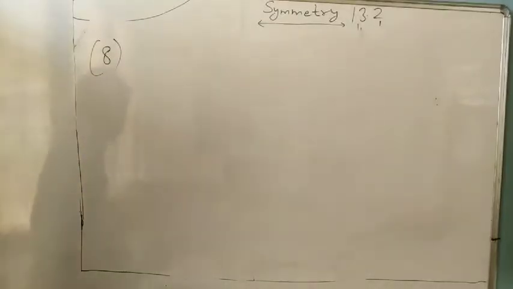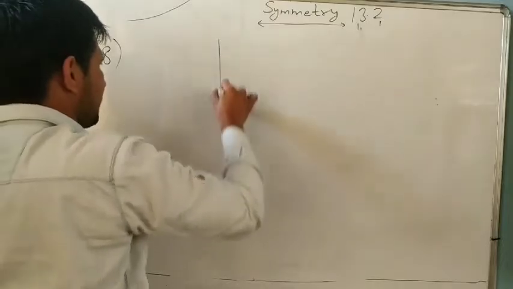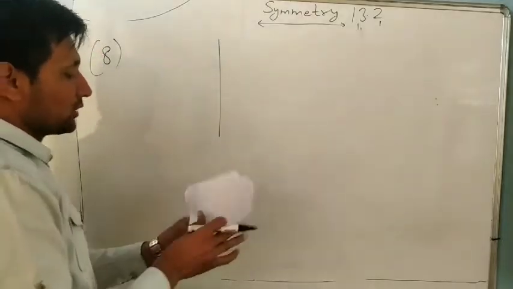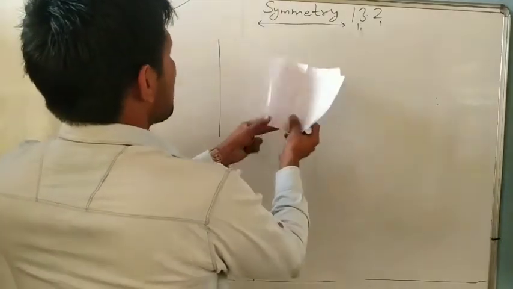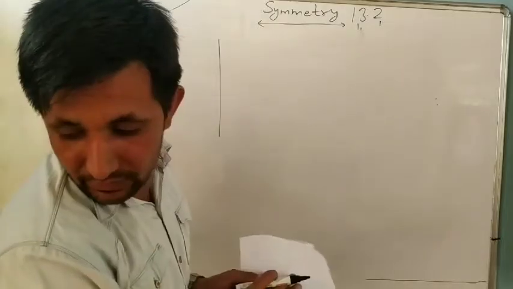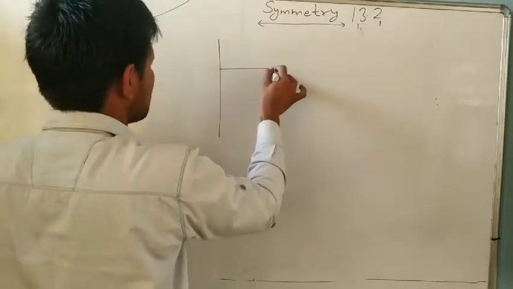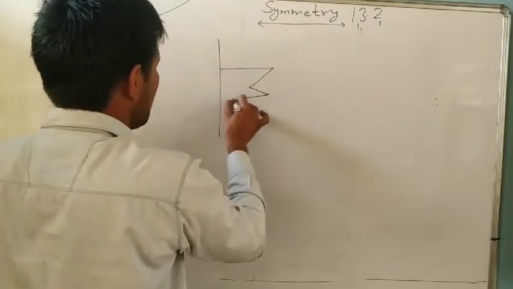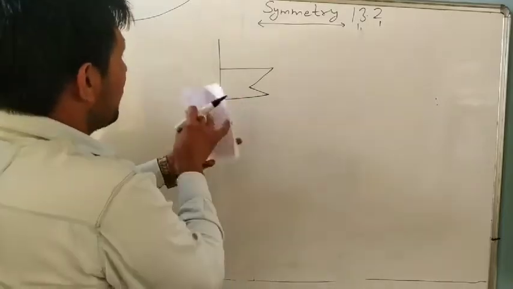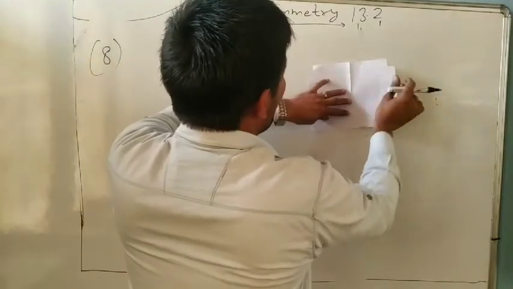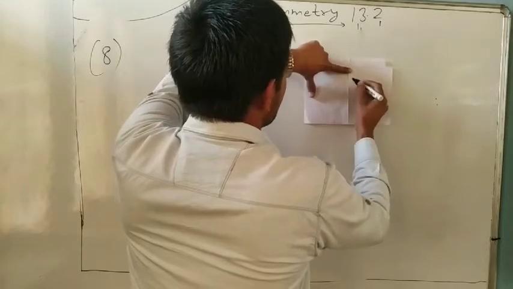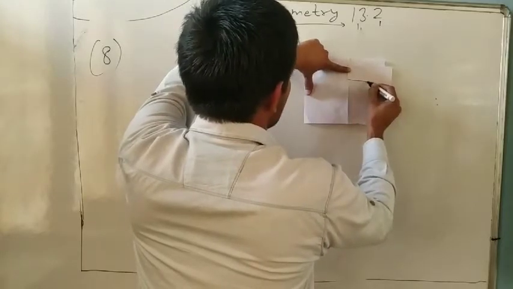So we have to. A line of symmetry is already given. Suppose it is a paper. Okay. It is a paper, and the question is given like this one. And suppose we already make here. Okay. I am making here.